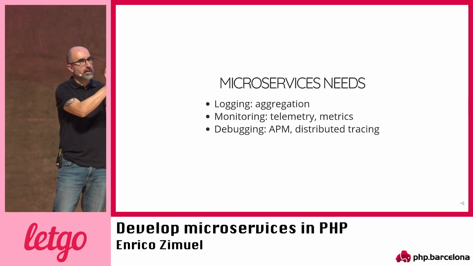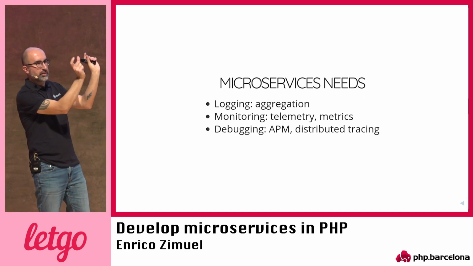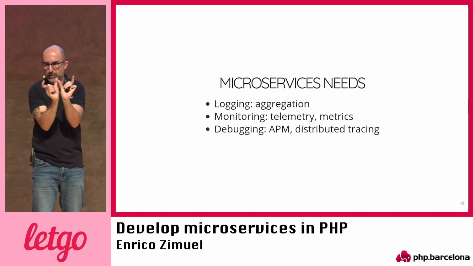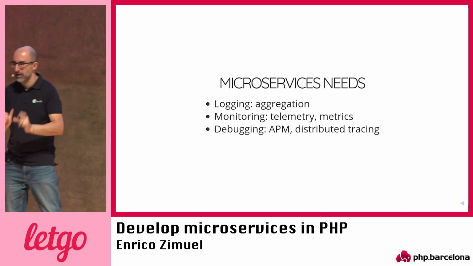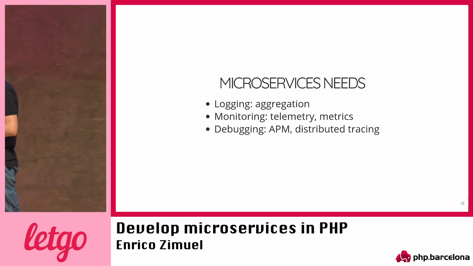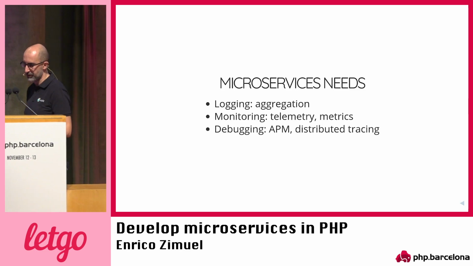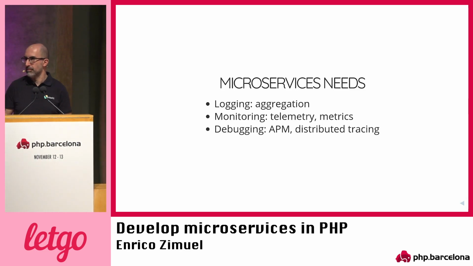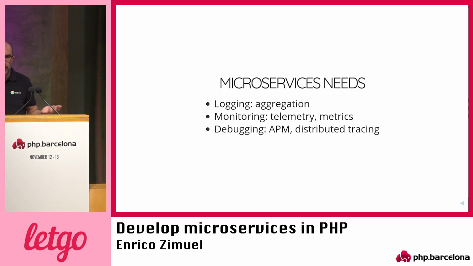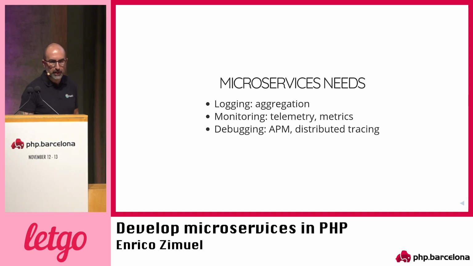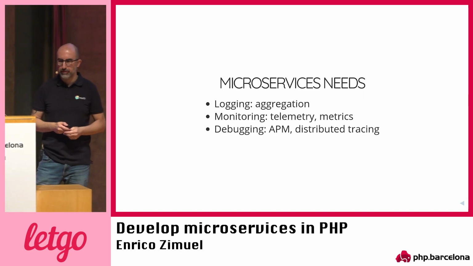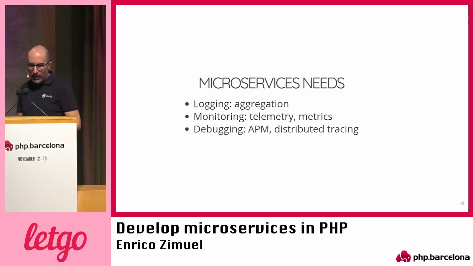You can say, okay, this service calls these other services, because you have this reference. So it's very important to have distributed tracing in microservices. There is a proposal for a standard, actually a de facto standard: OpenTracing, for instance. You can check it out if you're curious.